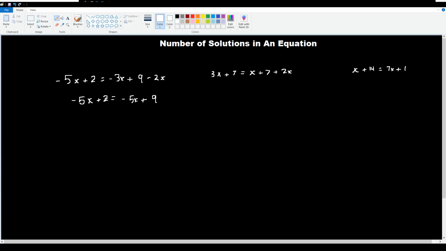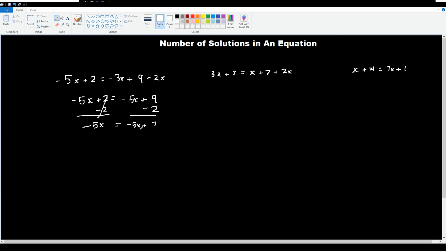Now you can either add 5x to both sides or subtract 2 from both sides, whatever you want to do first. I'm going to subtract 2, and that gives us negative 5x equals negative 5x plus 7.